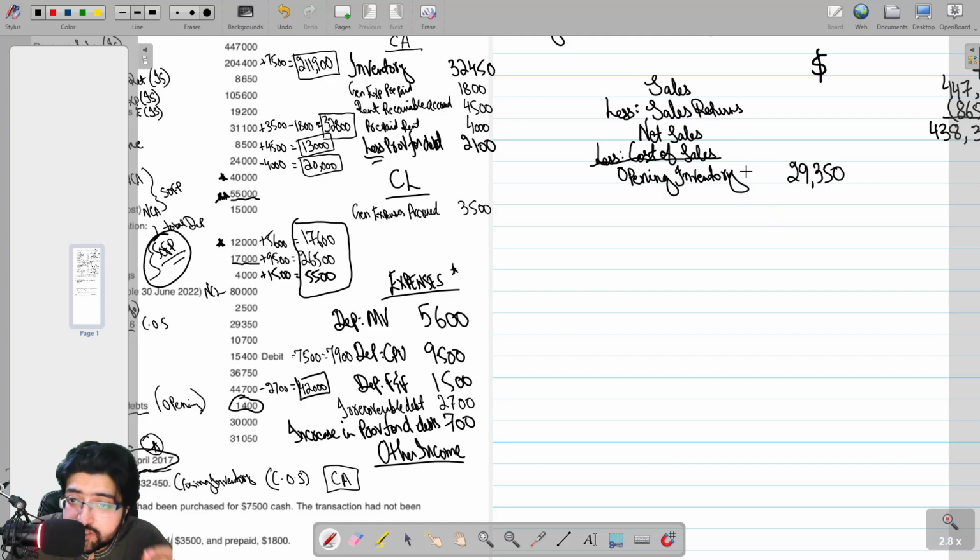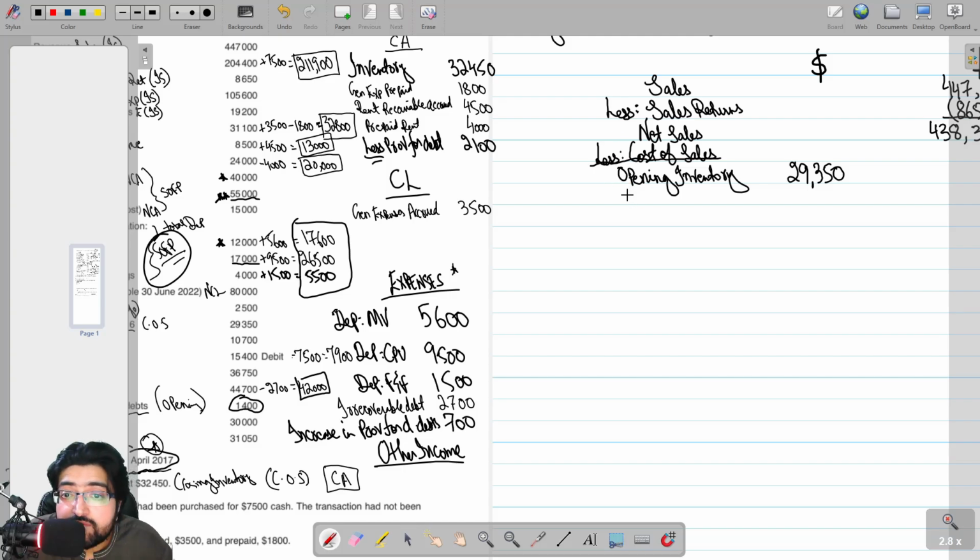That is only possible if it is the first year of trading. In the first year of trading, there will be no opening inventory because there's nothing left over from the previous year, right? So usually it is given, but if it's the first year of the business, which means the business has formed in this year only, there will be no opening inventory. So you will not even write the heading and directly move on to purchases.